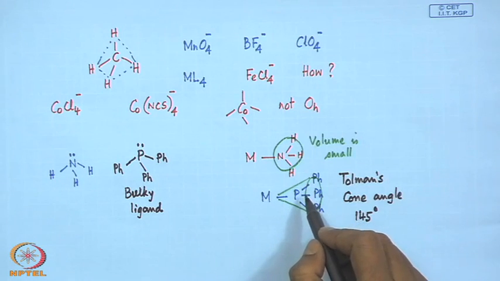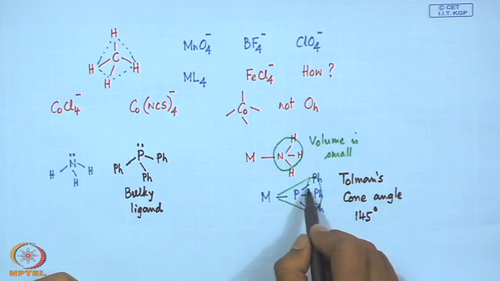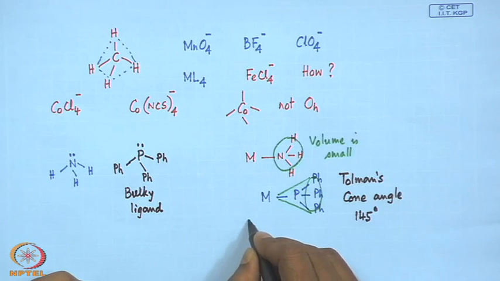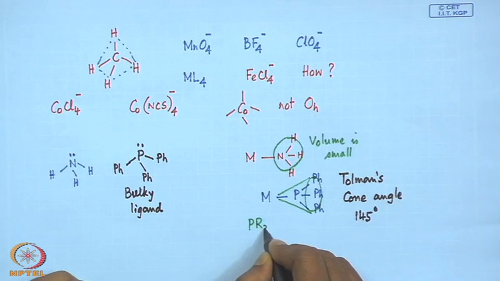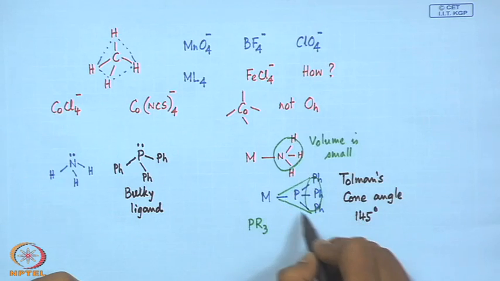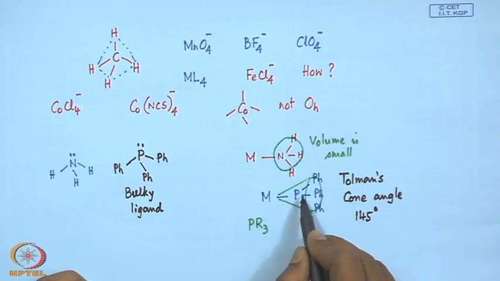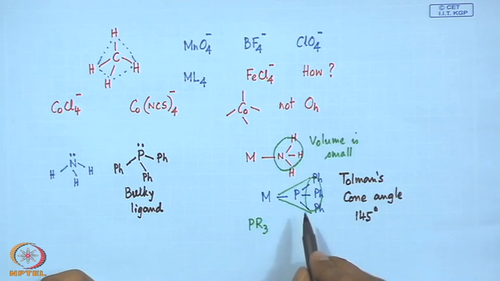So, you can have substituted triphenylphosphine, that means PR3 molecules, and depending on the nature of this R, we can change the corresponding cone angle. In some cases it is less than this value, or in other cases it is bigger than this value.